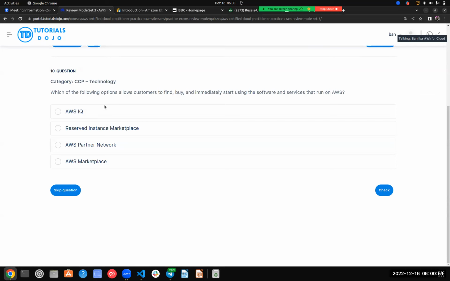This is for you, Bijan. Which of the following options allows customers to find, buy, and immediately start using the software and services that run on AWS? AWS Marketplace.